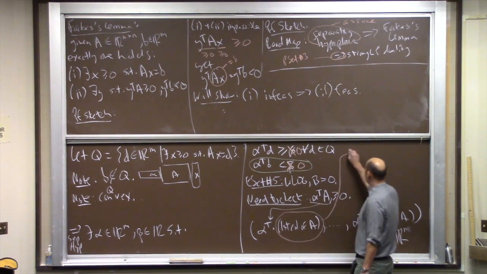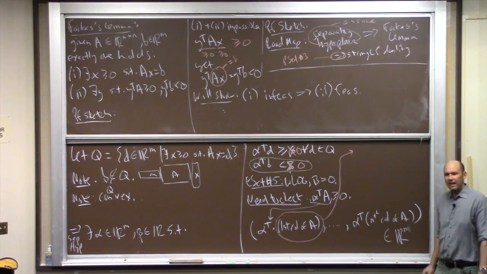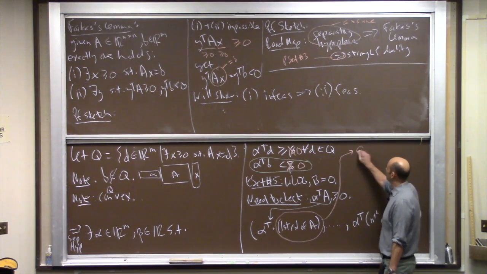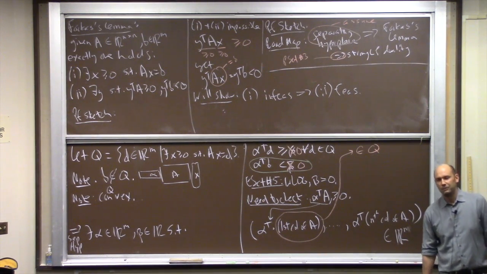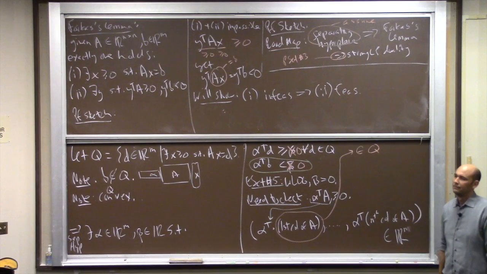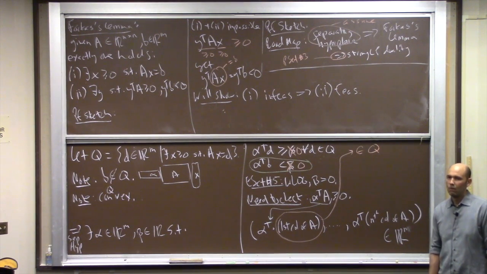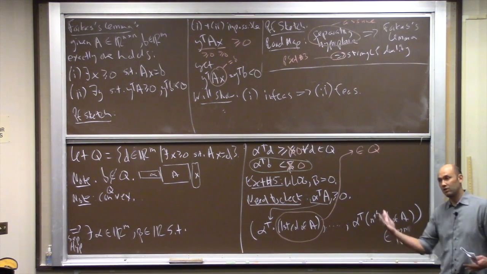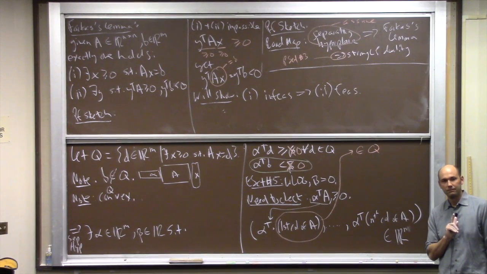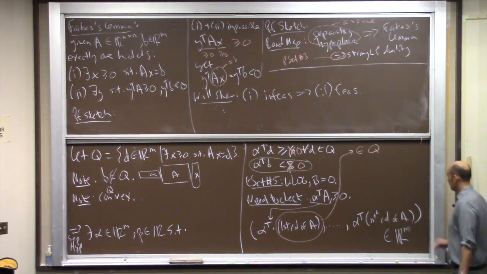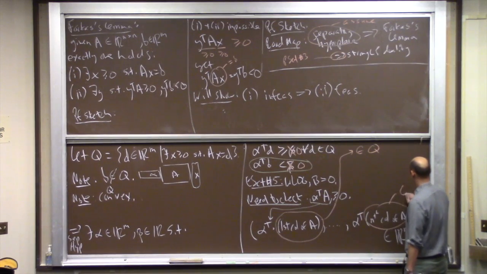So here's the claim. The first column of A is totally in Q. Do you see why? Well, what was one of the ways to think about Q? One way is as the feasible right-hand sides. But we have a second way: non-negative linear combinations of the columns of A. Column 1 is definitely a non-negative linear combination of the columns of A. Same thing for all of the columns.